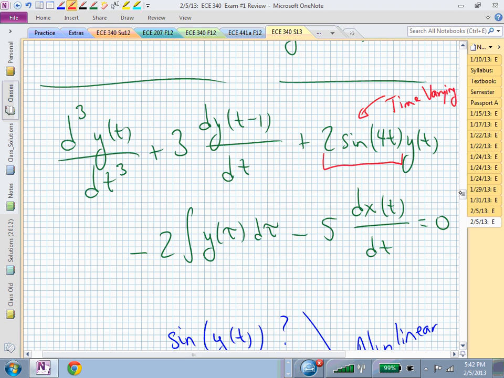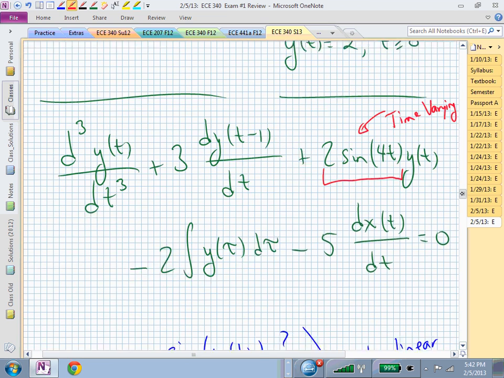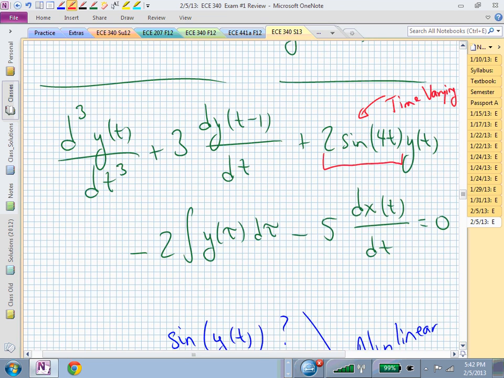Is it causal? It has something to do with the t minus 1. And now what I would probably do is make the argument of that term 0. That now says, oh, the derivative of y at 0, now do I have anything forcing that? Is it all in the past, or are there some future terms forcing that?